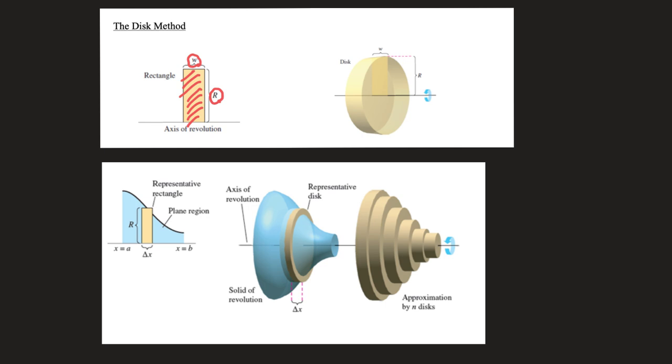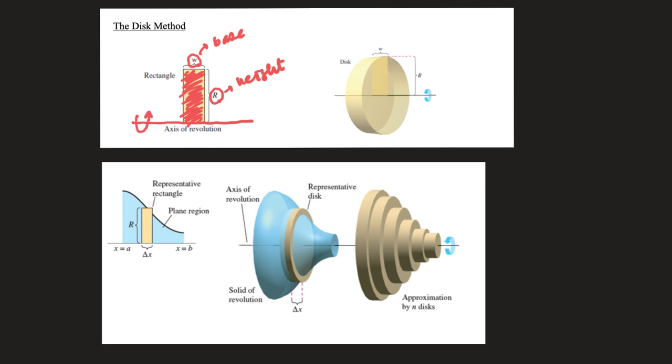Now, you're going to rotate the rectangle about the axis of revolution. This might be any line, vertical line, horizontal line, any line. The base is W, and this is the height.